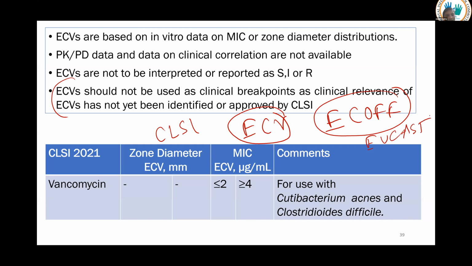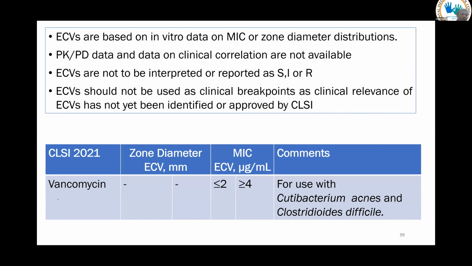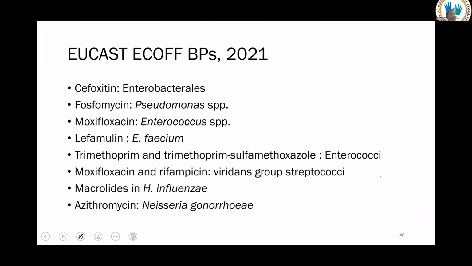Okay, so according to CLSI, the ECV values are available in 2021 only for vancomycin against these isolates. Not many examples are available. However, EUCAST has a long list of examples. Among these, the example most widely used by clinicians is fosfomycin for Pseudomonas species.